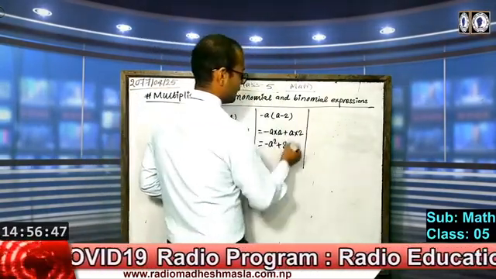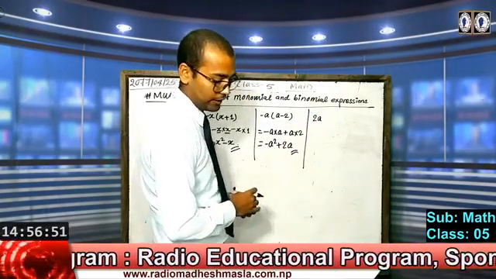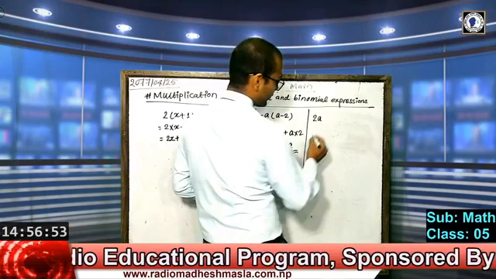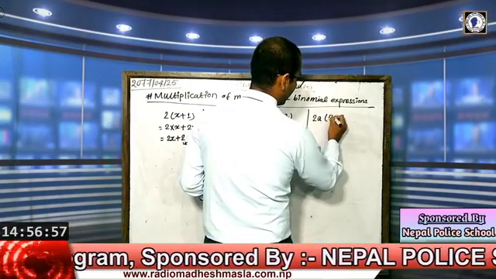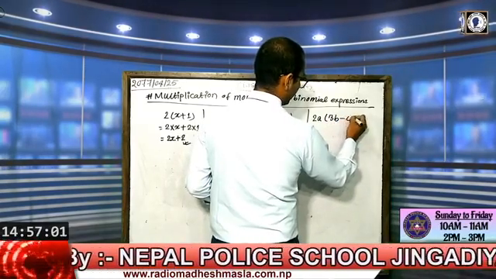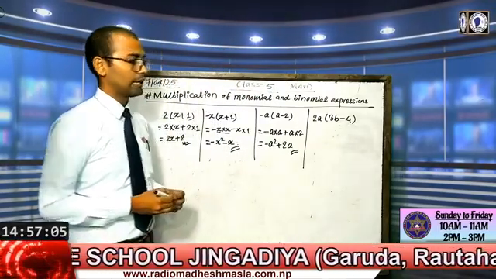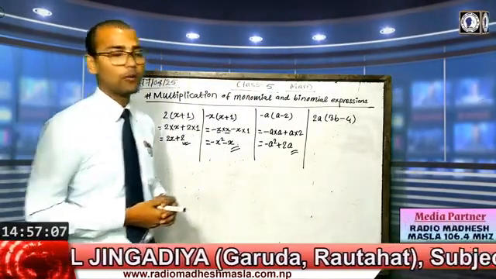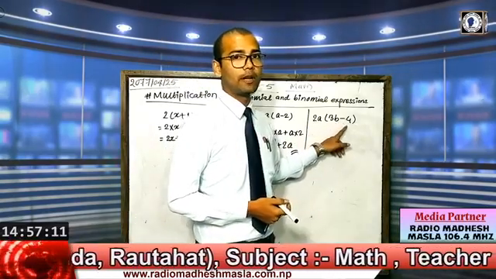Now another example: 2a into 3b minus 4. Students, look here in our question. We have 2a into 3b minus 4.